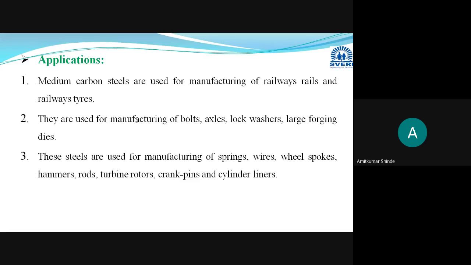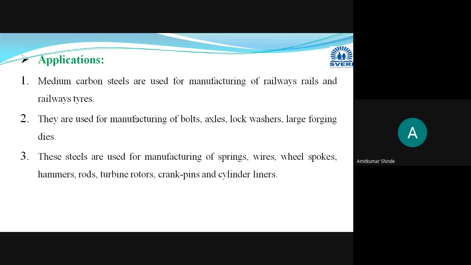For the medium carbon steel, it is very easy to remember. First try to understand that the bicycle tube, that round steel tube portion, is made from the low carbon steel.